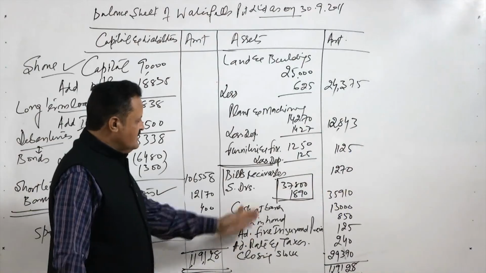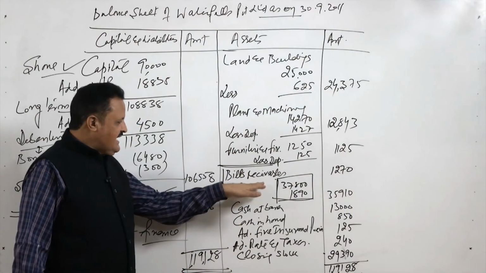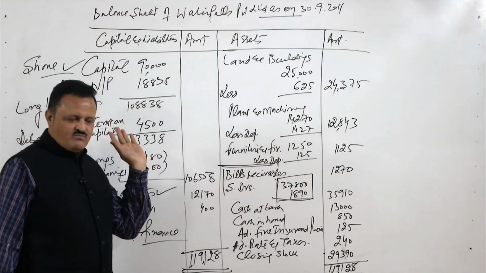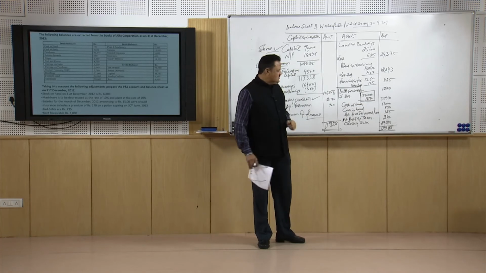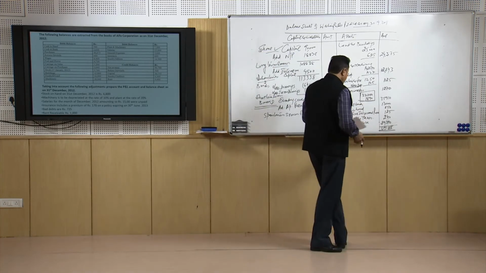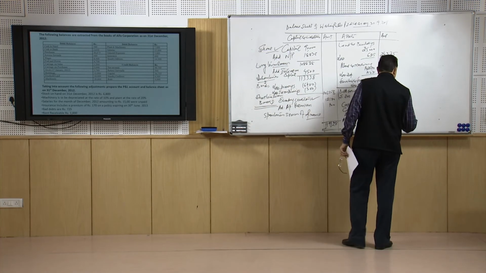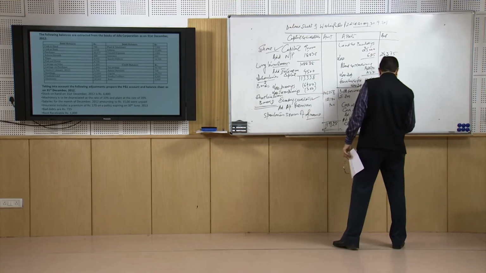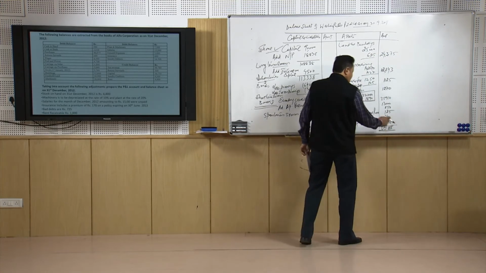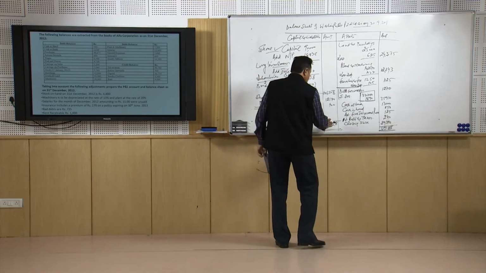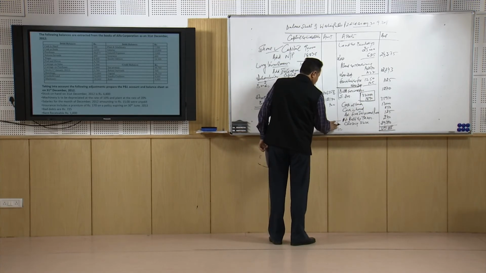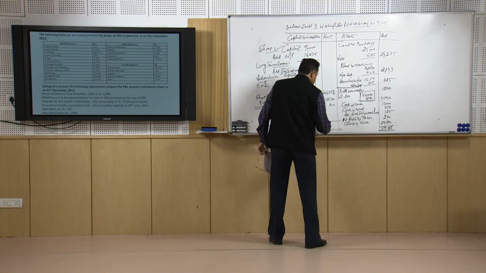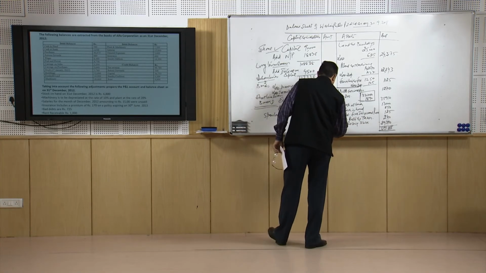Now normally, if this side is more than this side, it's a very strong balance sheet. For example, the total of this side is say 1,19,128 and the total of this side is 1,15,000.